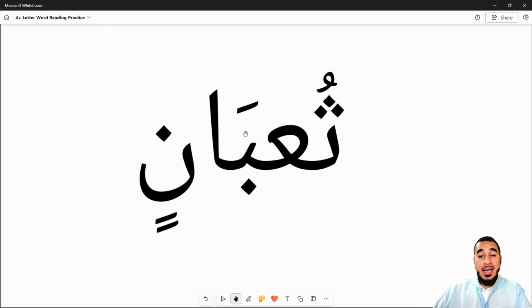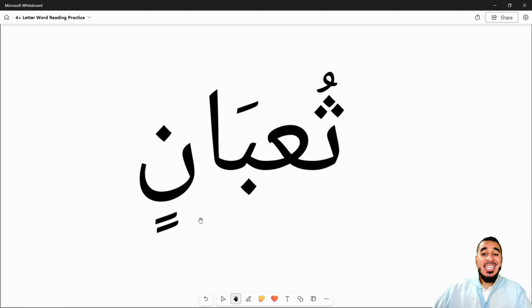And then the ba with a fatha, followed by the alif of mad. Again, the alif is without the hamza sign and there's no haraka, so we know it's got the sukoon, meaning that it is lengthening the fatha sound on this ba. And lastly, we have the noon with the kasratan.